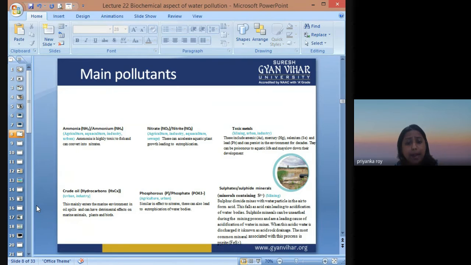Then you can have an oil spill, as oil tankers can topple in the ocean, and can spill oil on the surface, and can have a detrimental effect on marine animals and plants, and also birds associated with marine life forms. Okay.